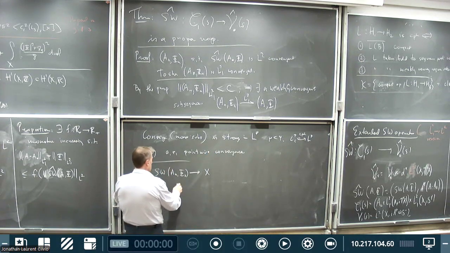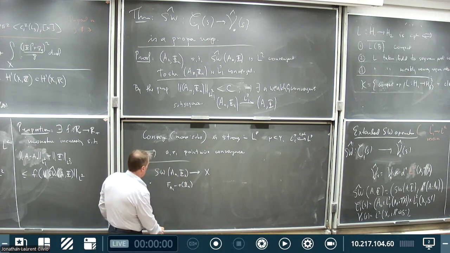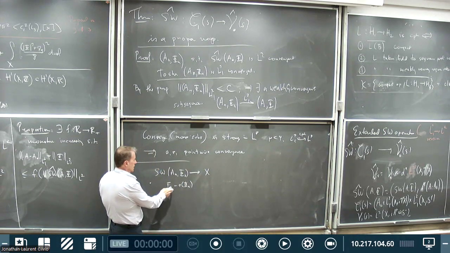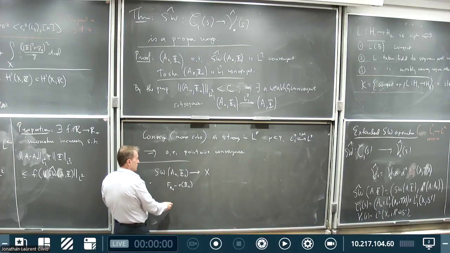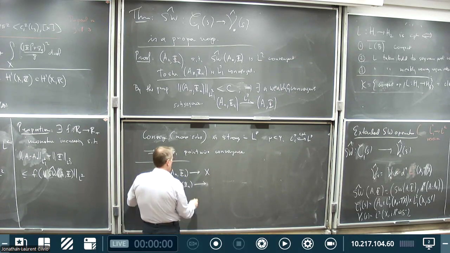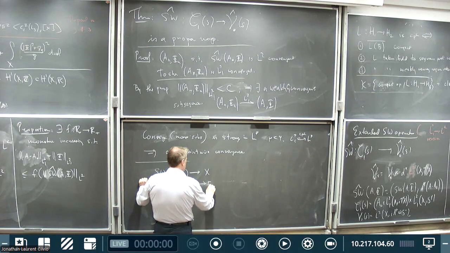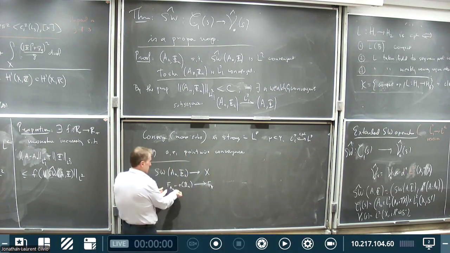So this guy is strongly convergent. That's our assumption, right? But because we know that we have some kind of strong convergence of A_n and phi_n, let's look at this term. Okay. Well, this is just linear in A. So the first guy weakly converges to F_A because it's linear.